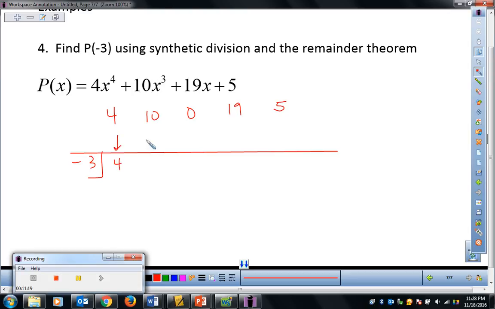Negative 3 times 4 is negative 12. Add above, negative 2. Multiply below, negative 3 times negative 2 is positive 6. Add above, 6. Negative 3 times 6 is negative 18. Add above, positive 1. Negative 3 times 1 is negative 3. Add above, negative 3 and 5 is a positive 2.